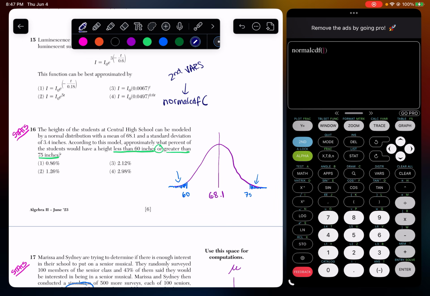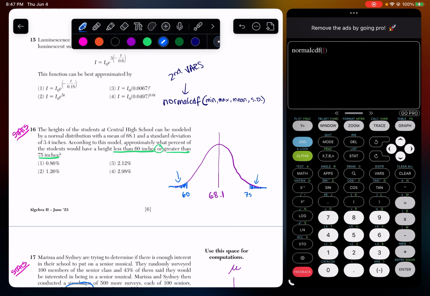So we need to tell it the minimum of our interval, then the maximum of our interval, then the mean of the distribution, then the standard deviation. So it needs 4 pieces of information. It needs the minimum and the max of the interval you're asking about, the mean of your distribution, and the standard deviation, and it will spit back, say, 3% of people fall over there.